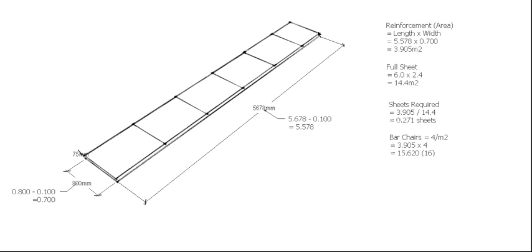So you could say 6 square metres if it was a metre wide. Times that by 4, and that gives you 24 bar chairs, and you'd have more than you need. If this was a larger slab, wider than a metre, then your formula will give you enough bar chairs. But because this is under a metre, the formula doesn't quite work, so you have to make a bit of an allowance for that.